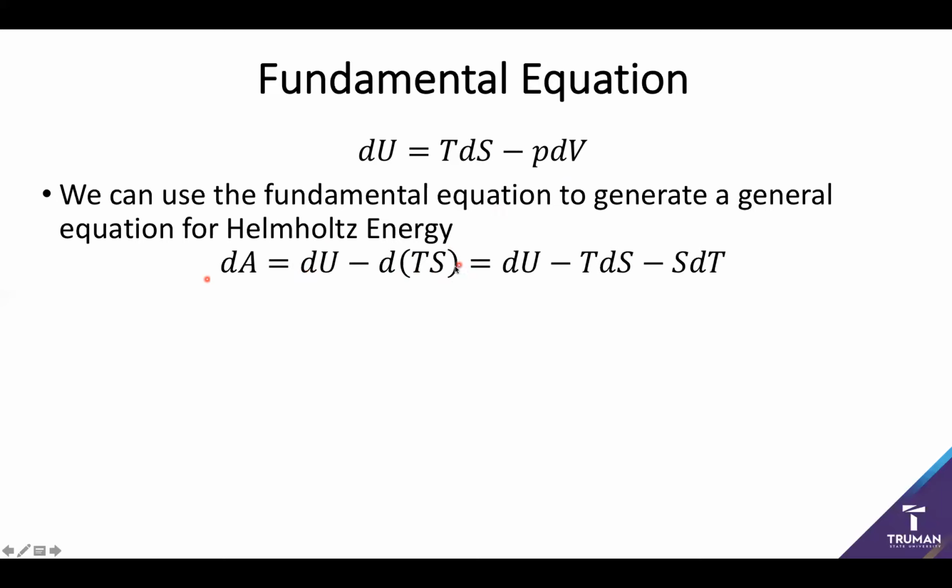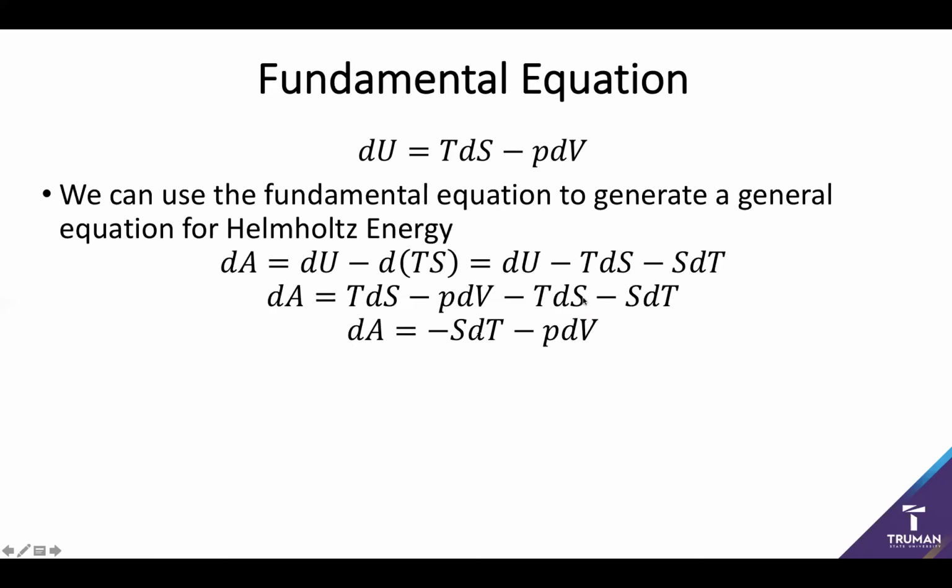Now, this gets really nice as we insert the fundamental equation for internal energy into our Helmholtz. Because at this point, we have dU minus PdV minus TdS minus SdT. So by inserting this expression for our dU form, now we have two expressions for TdS, and you'll notice they're going to cancel out with opposite signs.